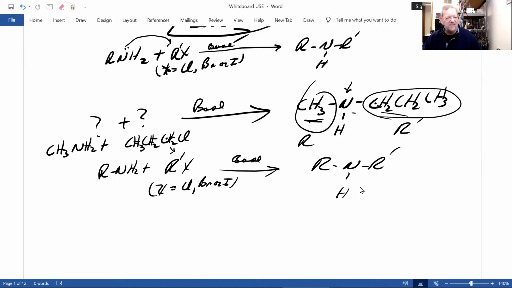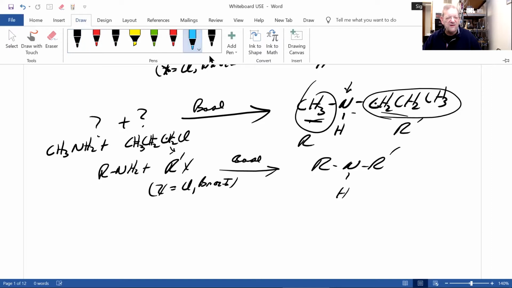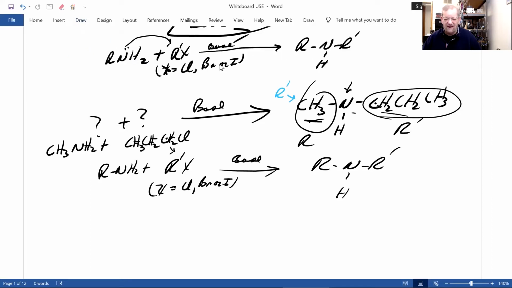But wait, what if I say this is really R prime and this is R? And you can. Then R, the carbon with the nitrogen, is still the carbon with the nitrogen, and this other carbon has my halogen.